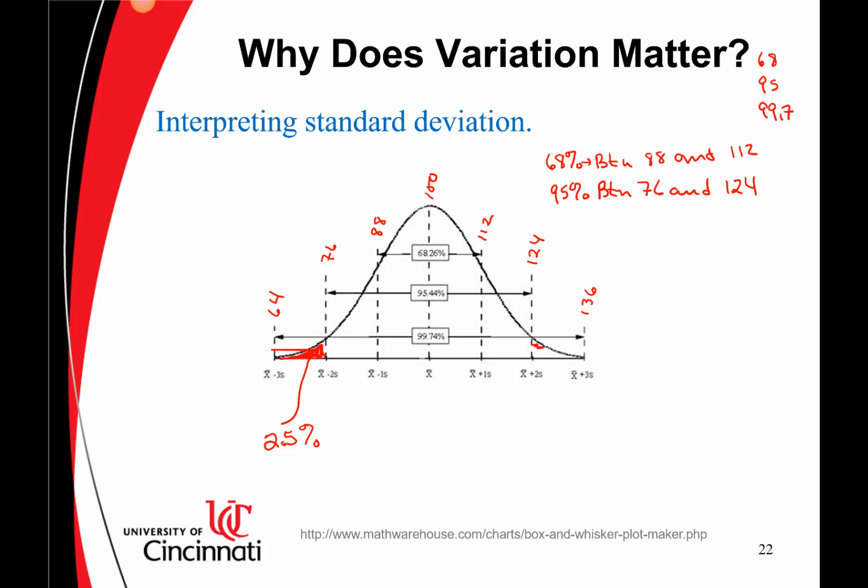And the other half's going to go over here. That's another 2.5%. If somebody in that group scored, for example, 128 on their IQ, is that pretty good? That means that they're in maybe the top 2% in the nation.